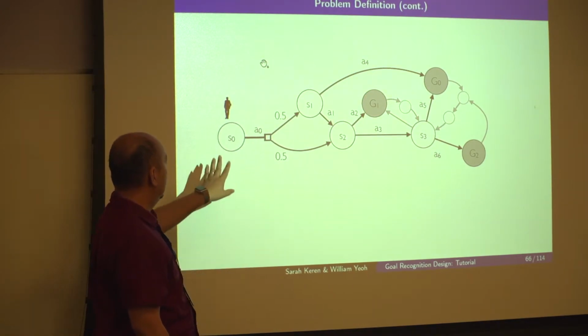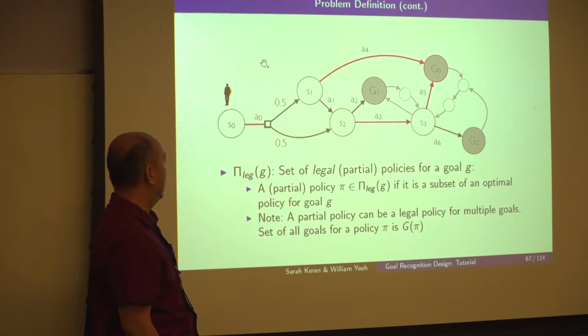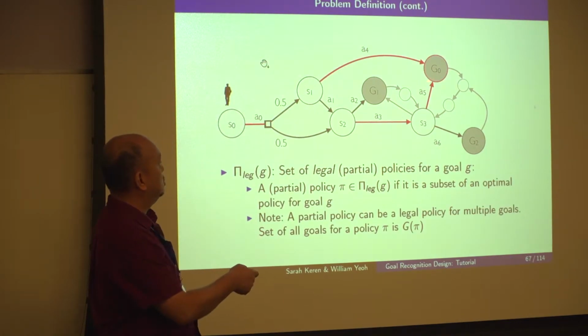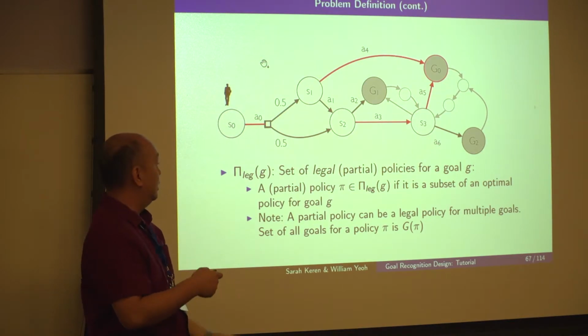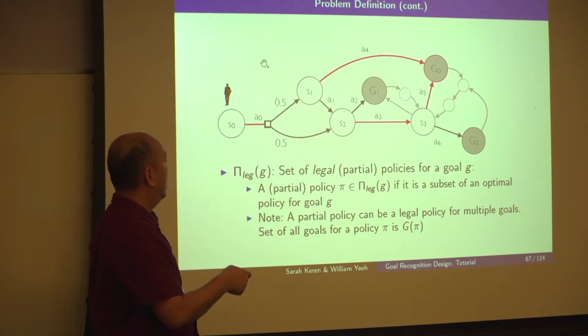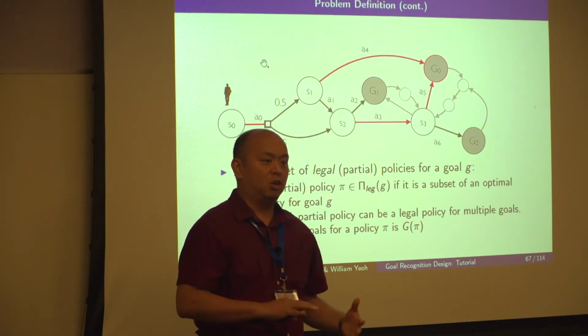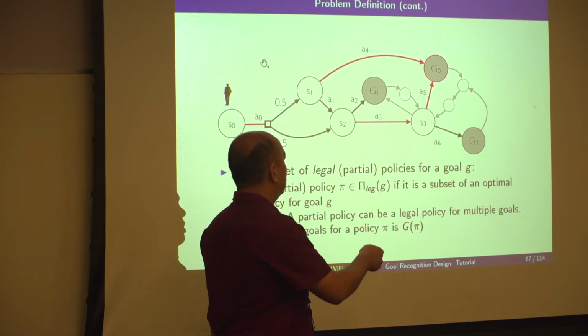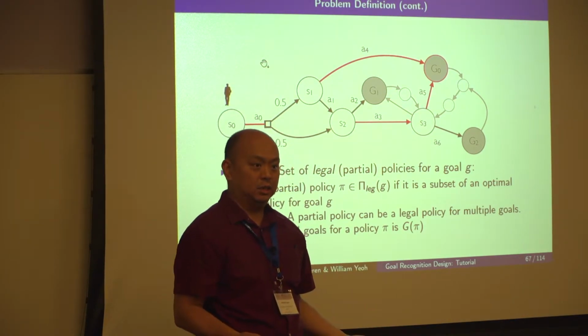So if the starting state is over here, and if the goal of this agent is to get to G0, then you would see the optimal policy, and these are the actions that the agent will have to take to get to G0, right? These other nodes that are not bolded are states that the agent will never reach. They're not reachable states, and these are actions that the agent will never take, right?